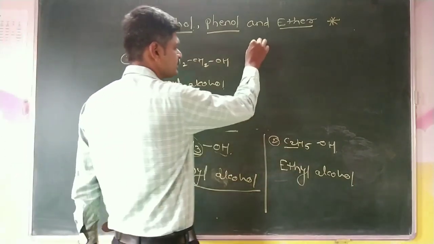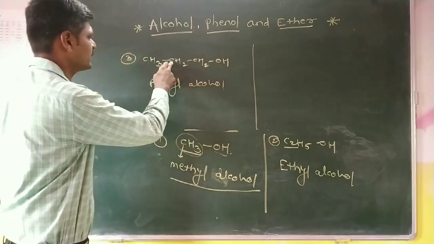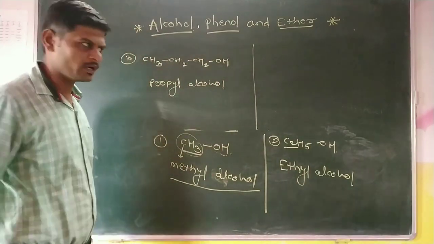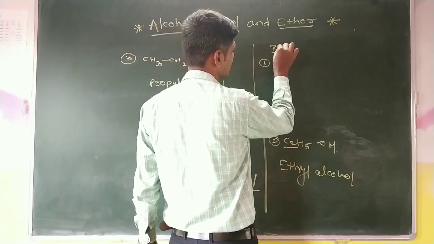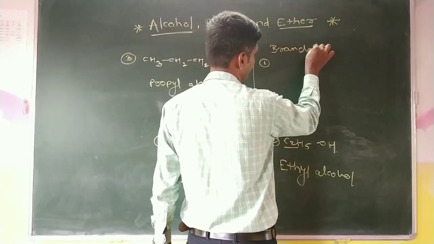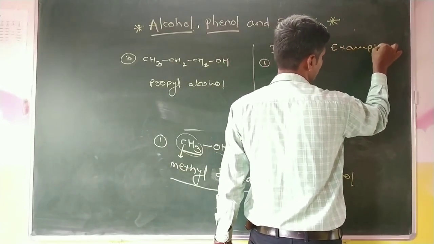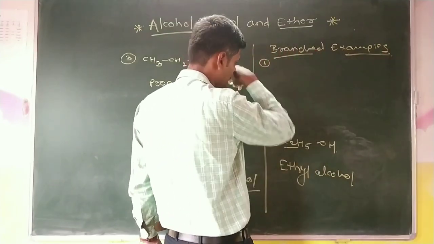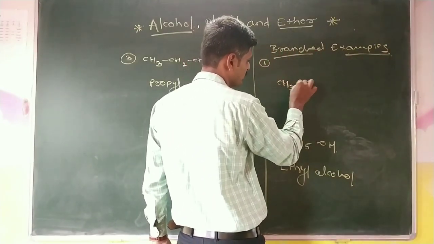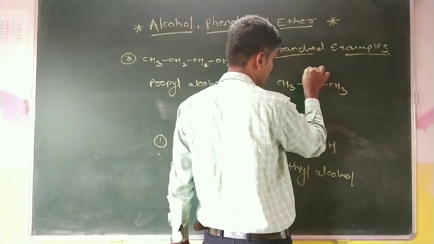But in some examples, the OH group is attached to a secondary or tertiary carbon atom. That means these are branched chain examples. In branched chain examples, the OH should be attached to a secondary or tertiary carbon atom, CH3, OH.